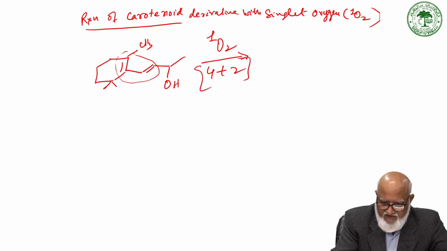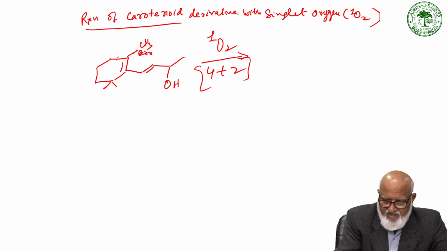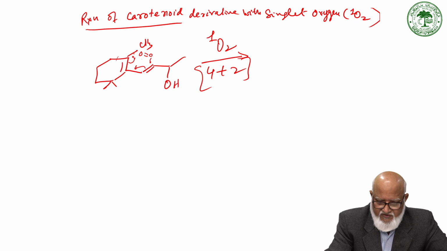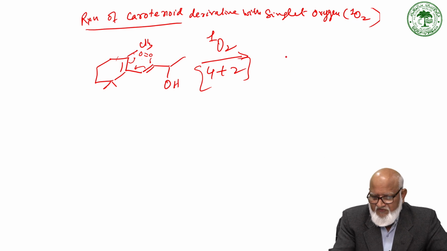So we can add oxygen, and a 1, 2, 3, 4, 5, 6 membered ring is formed.